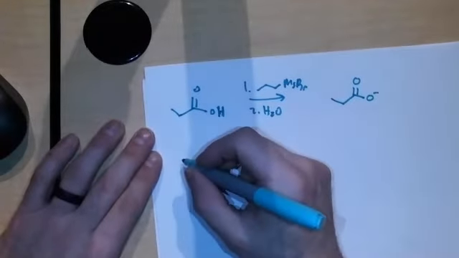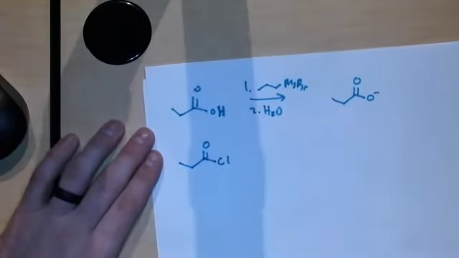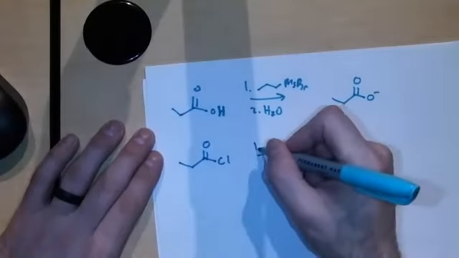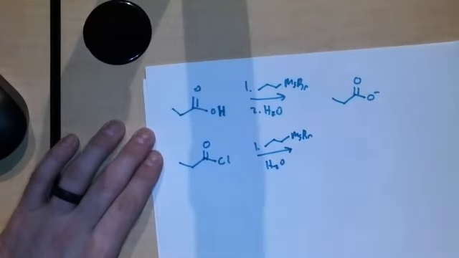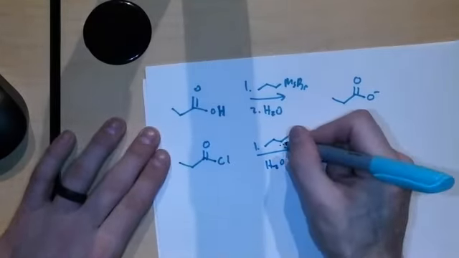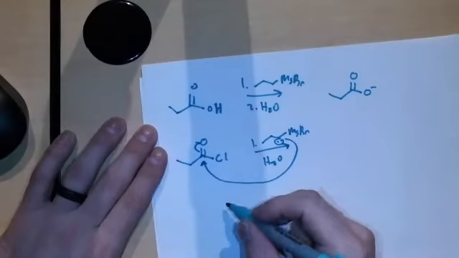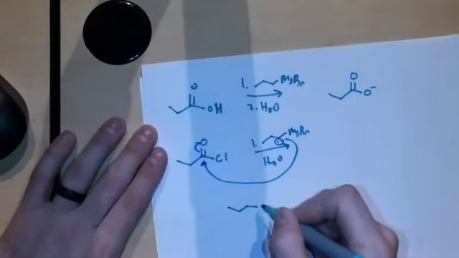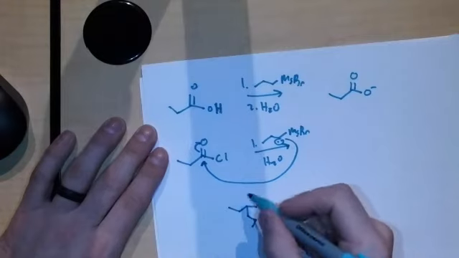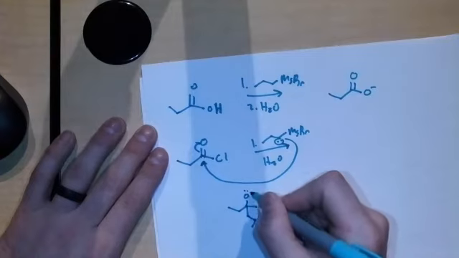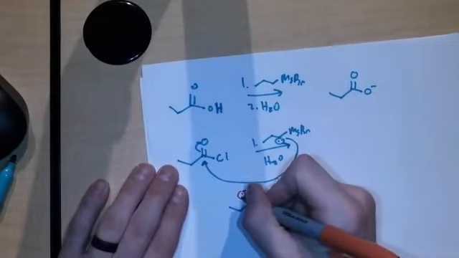But instead, if you take an acid chloride, this is going to react very similar to an ester, which means we're going to attack at this center. We can kick out this chlorine.